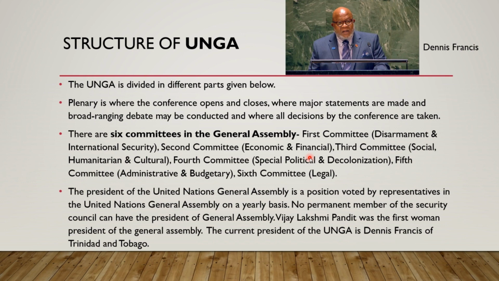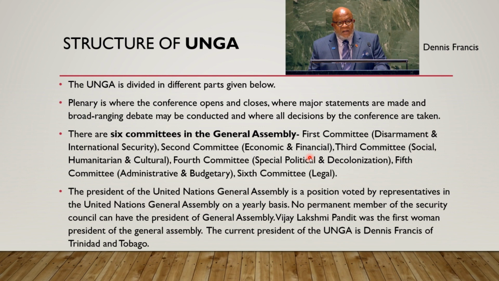This includes broad-ranging debates which are really helpful for the whole world, and where all decisions by the conference are taken. So plenary is basically the place where the major decisions, I can say, are taken for the world.